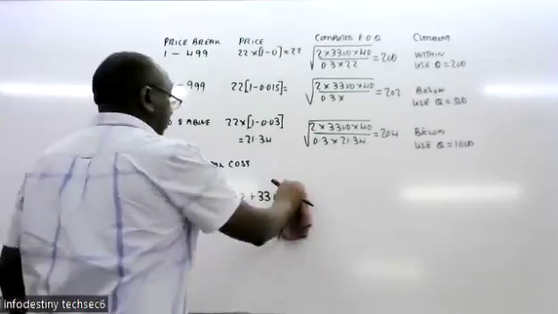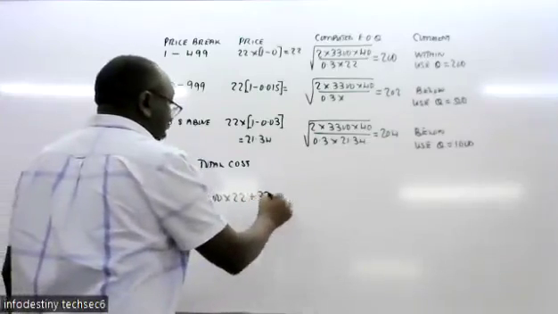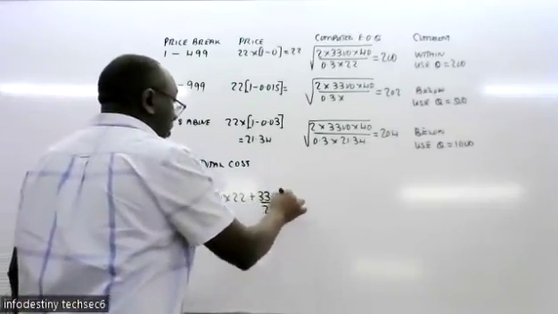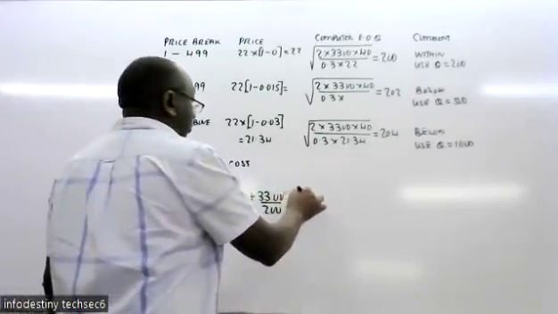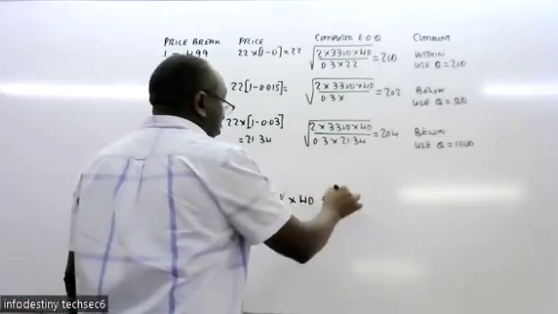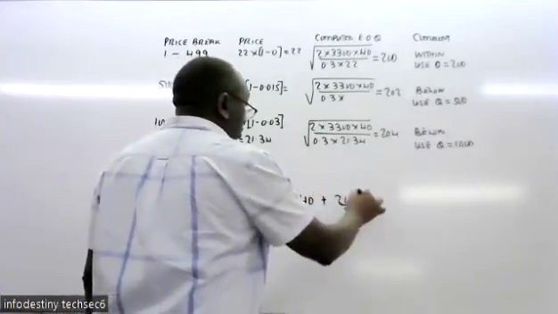3,300. You divide by Q. Q is 200. Multiply by the fixed cost per order, which is 40, plus 200. You divide by 2.